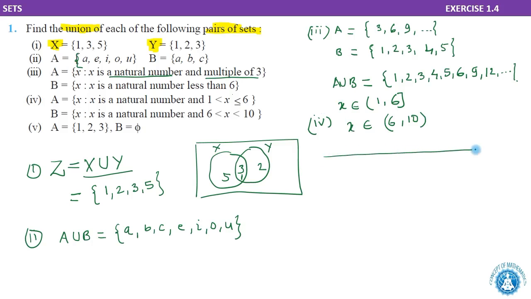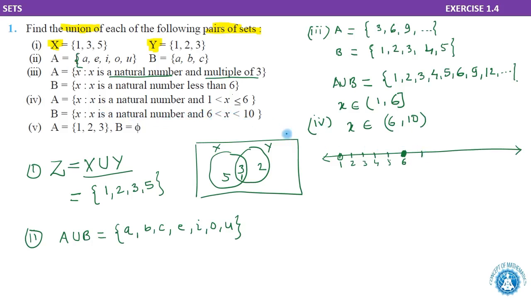If we plot the number line, we will notice that in the first set A, the natural number 1 is left out, we will not include 1, so it is 2, 3, 4, 5 and yes, 6 will be included in the first set. The second is x is a natural number, x greater than 6.